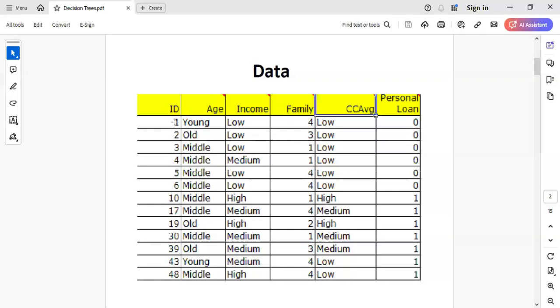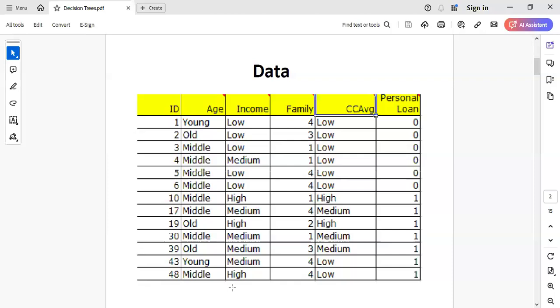Coming to category 4, we have 6 records. The first one is young, second and third are middle, then young, middle. So there is no old here. We have records which are 4 middle and 2 young. Again there are no records of old. This is how the data is spread.